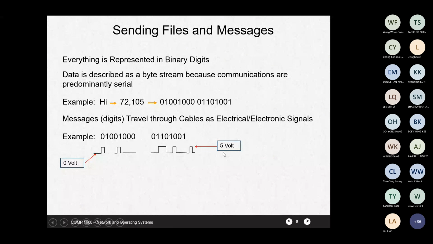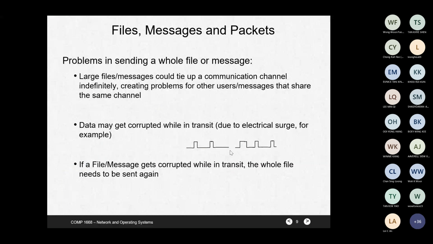If there is a current, for example 5 volts, then there is a data 1. If there is no current, it will be flat, 0. This is how the computer system understands there is data to be carried. The computer system doesn't understand your 0 and 1 as such; it understands them based on whether there is a current or no current. These are very basic information which I'm not going to spend much time on. I hope all of you understand this and please go through it on your own.